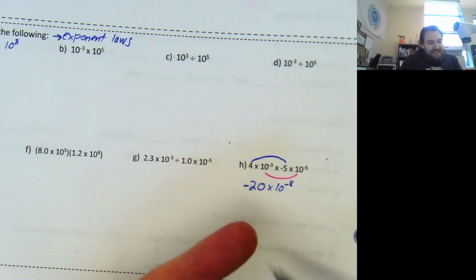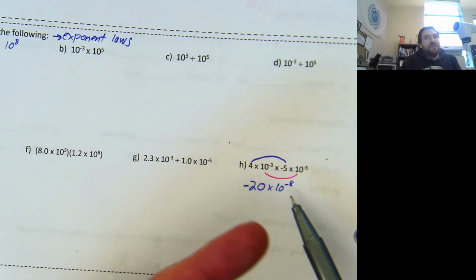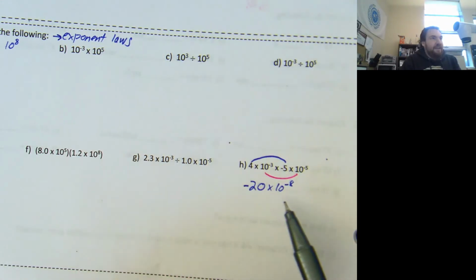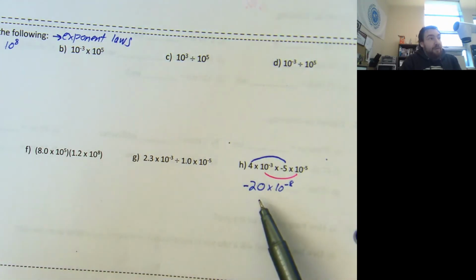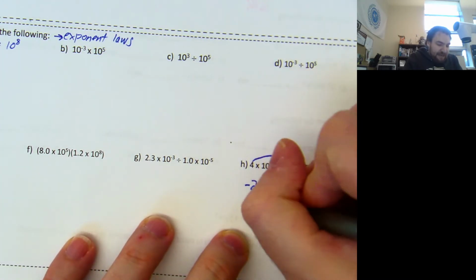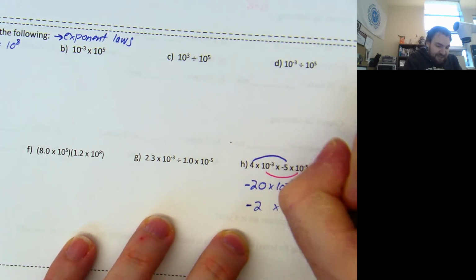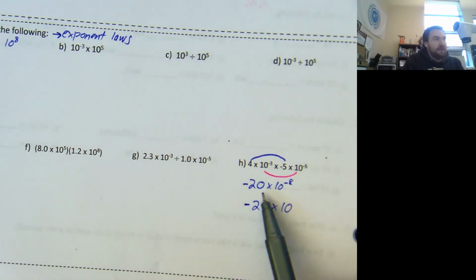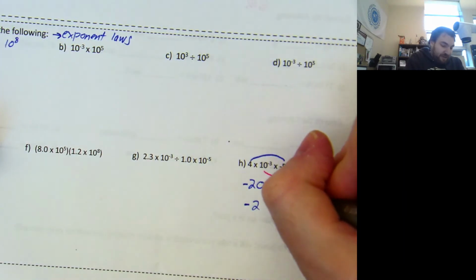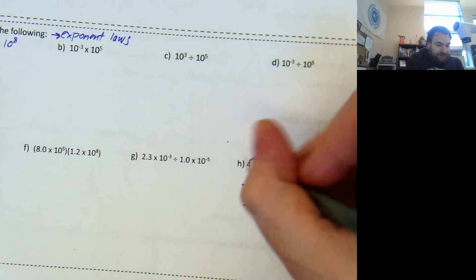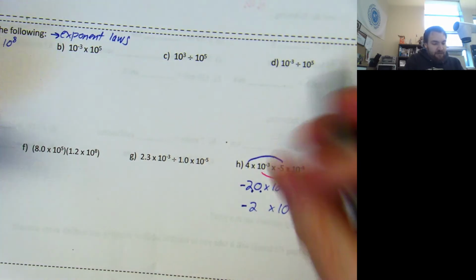Now, this thing isn't in scientific notation, so this is where scientific notation gets a little bit finicky. If I want to take this number and put it into scientific notation, it's going to be -2 times 10 to the something. Which way? The decimal, if there was one, would be right here, so I'm going to move it that way.